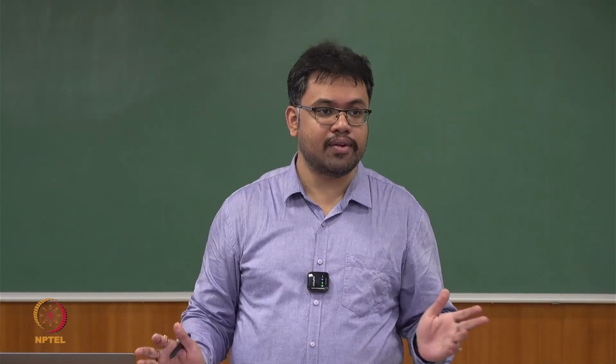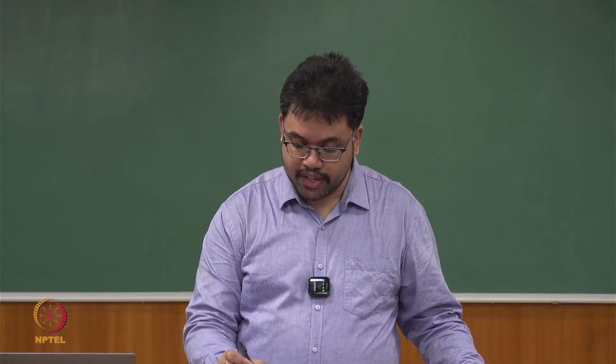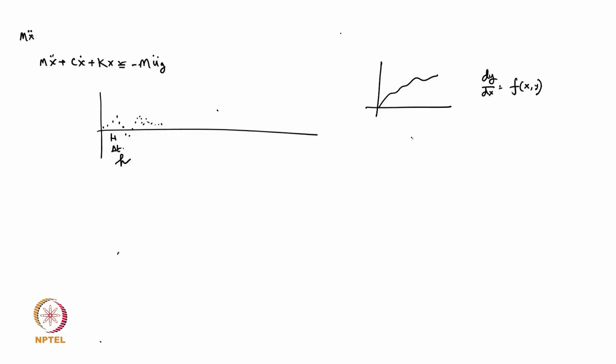So we can write yi plus 1 as yi plus dy by dx times the step. In a very simple manner, you are at this point and you know the slope at this point.